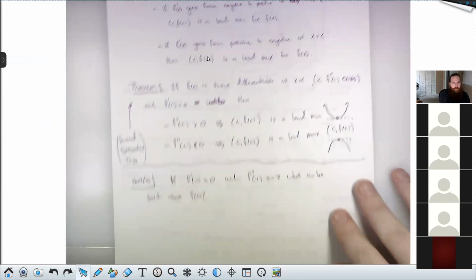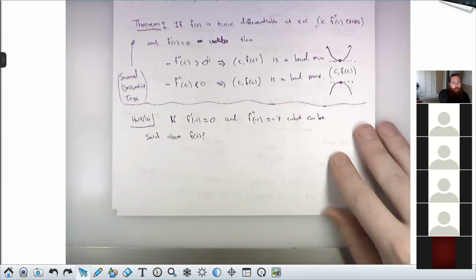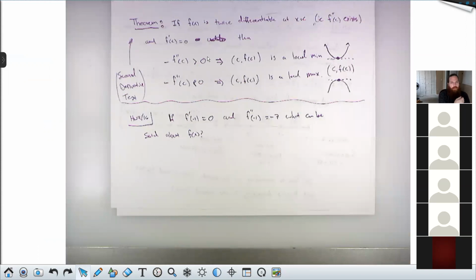So let's look at these two things together. Let's look at our second derivative test together with this statement.